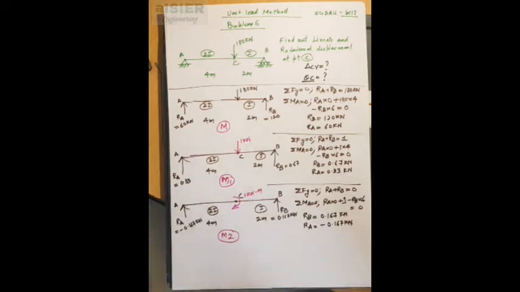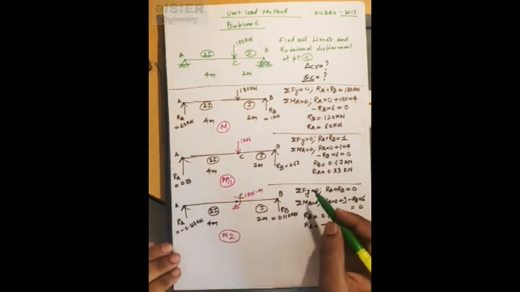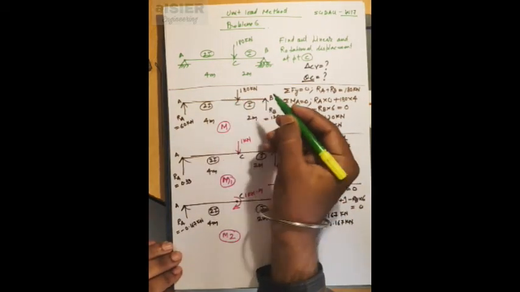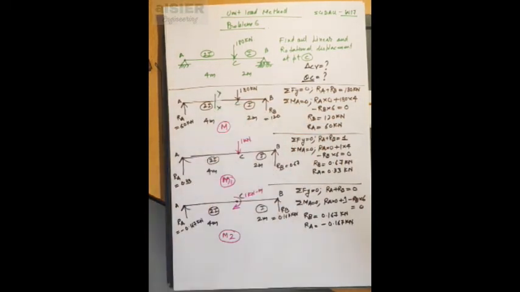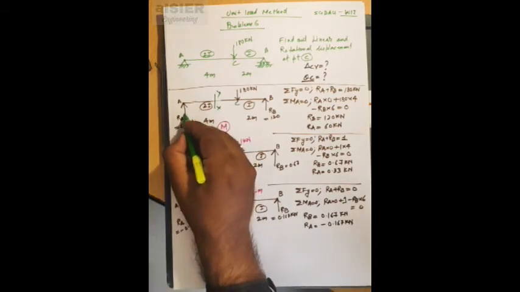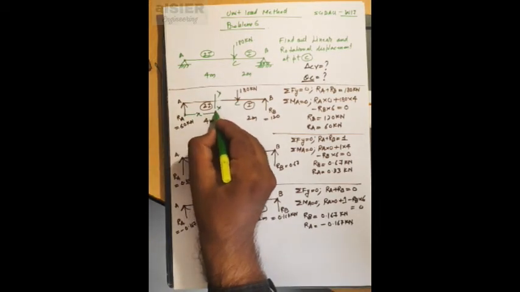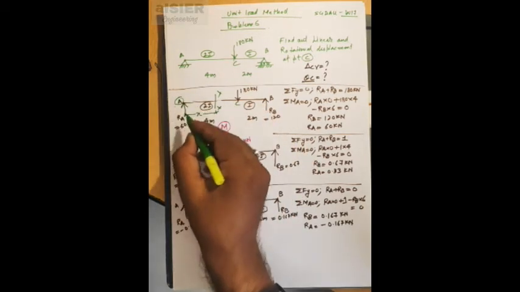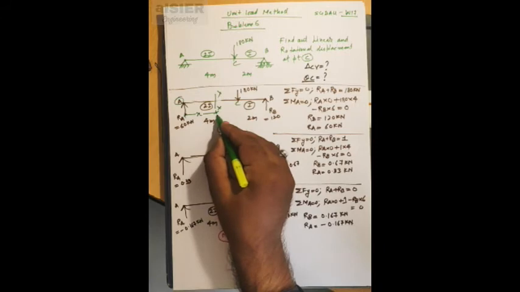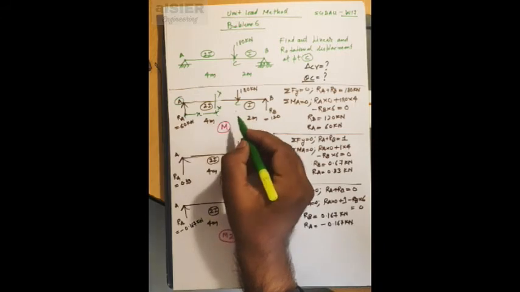Now next step is to plot the sections. So first we will plot the section in region AC. We will plot one section, say XX. And now see, it is very important. We will take the section starting from A, means origin is A. So for region AC, origin is A. X is 0 here, x is equals to x here, and x is equals to 4 here.